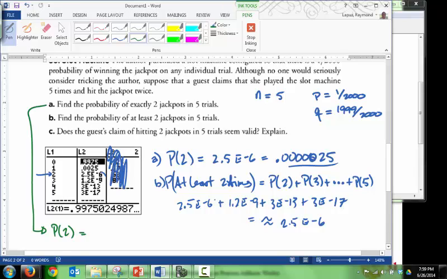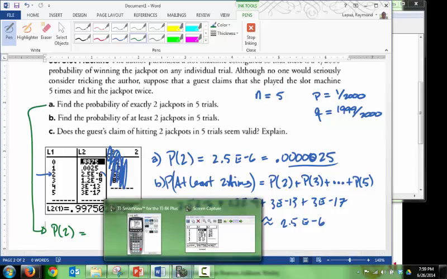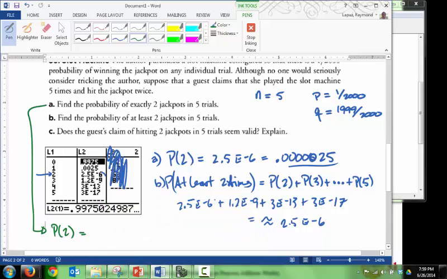Without using the table, if all I care about is finding the probability of exactly two wins, in the calculator, I introduce the binomial PDF, and then I put in two numbers. I put in the n and the p. And whenever you do that in your calculator, it's going to generate a list like it has here.